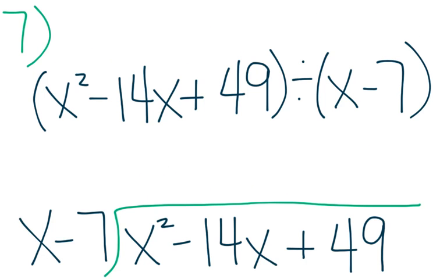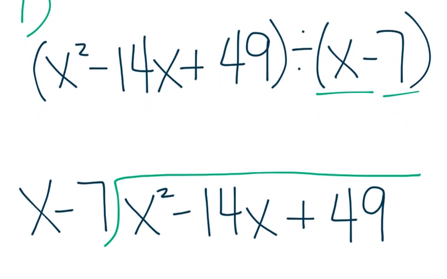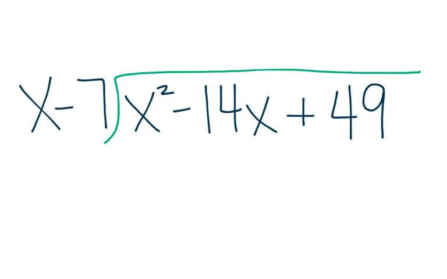So it gets a little more complicated when we're dividing by a binomial, which is an expression with 2 terms. So we have x minus 7. So what we're going to do is long division. We take the first term in our binomial and the first term that's being divided, and see how many times this first term can go into the second. So x into x squared, divided by x is x.